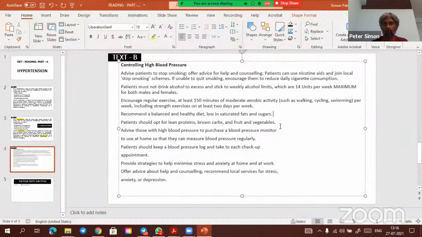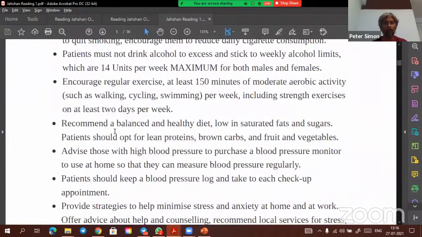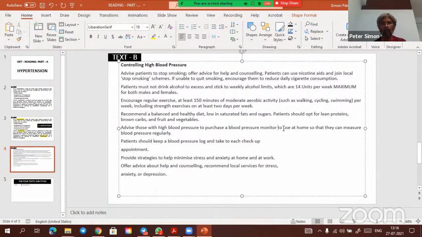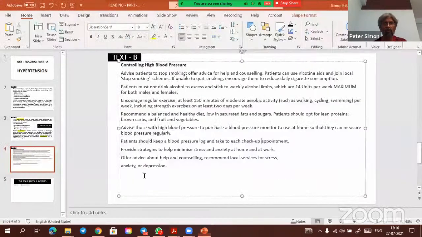Okay, number 4. Advise to regularly. Checkup appointment, patients appointment, then provide to depression.